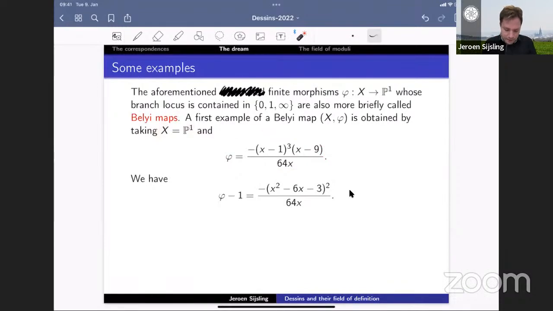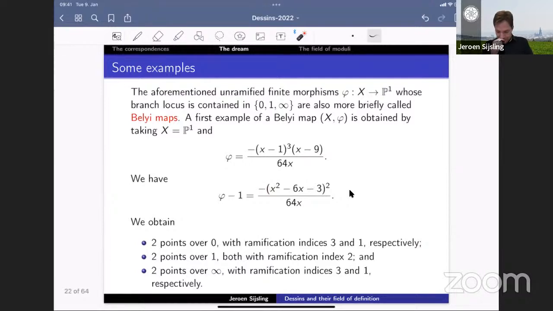Now what are the preimages of 0? When phi is 0, you get a triple root at 1 and a single root at 9. You can also ask what happens with 1. For that, you look at phi minus 1, and there you see there's a square here. So you get a double root at whatever the roots of this polynomial are. In fact, those are quadratic points that I won't write down, but which will appear later.